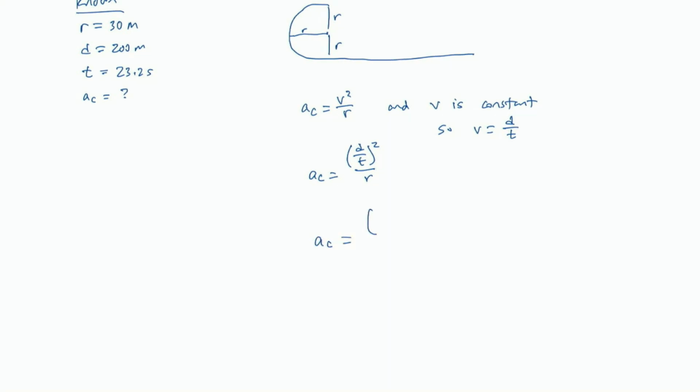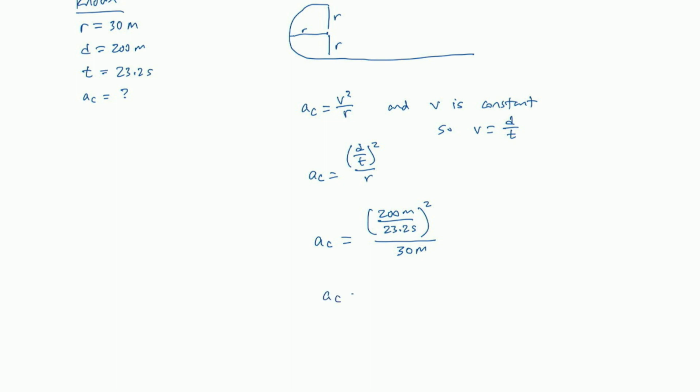Okay, distance is 200 meters. Time is 23.2 seconds. We have to square that. Then we need to divide by R, which is the 30 meters.